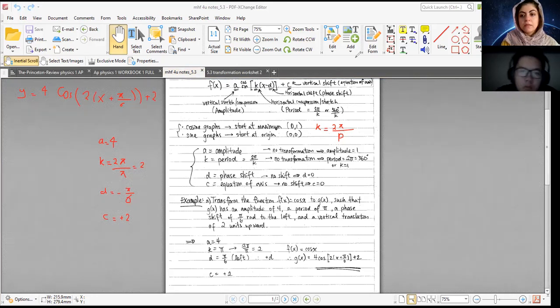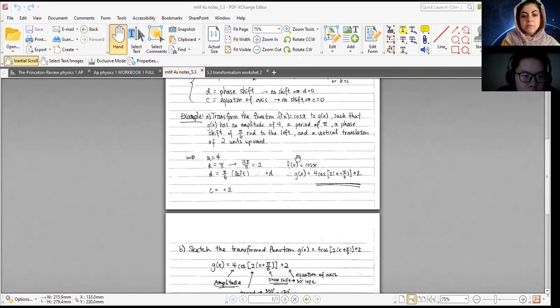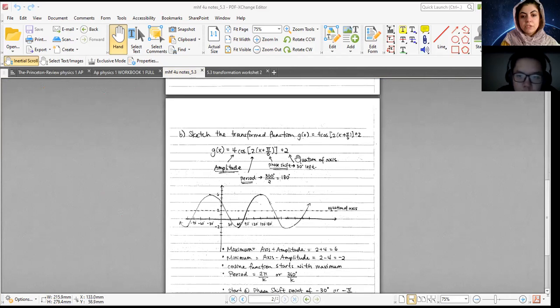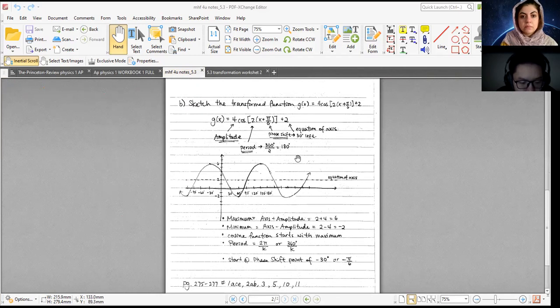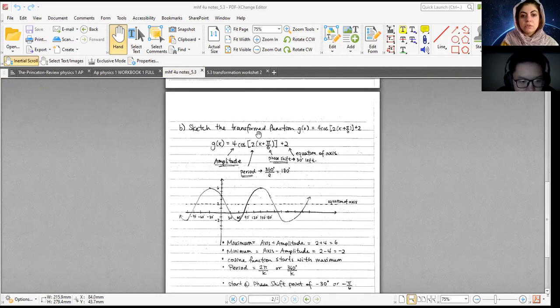Okay, I'm going to clear that. Sometimes we need to apply transformations to graph a function, right? Let's do this question together.